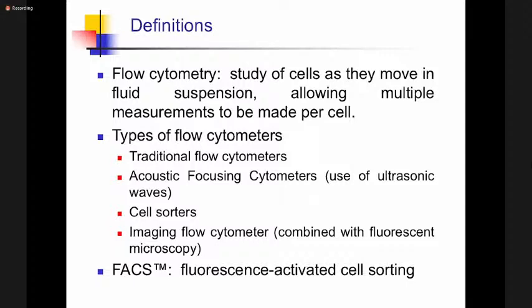The types of flow cytometers available are the traditional flow cytometer and the acoustic focusing cytometer. The acoustic focusing cytometer is just the traditional flow cytometer, but with the use of ultrasonic waves instead of laser waves. Then you have the cell sorters, which I have also indicated down here, FACS, which means flow activated cell sorting.